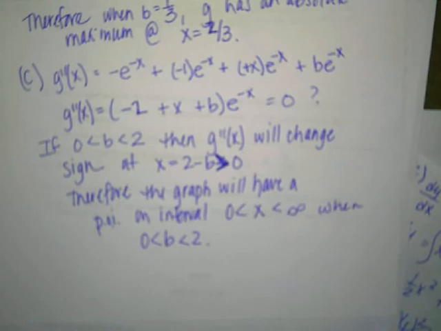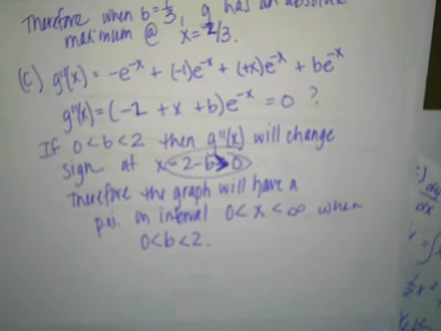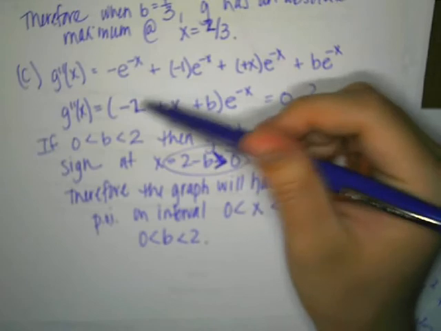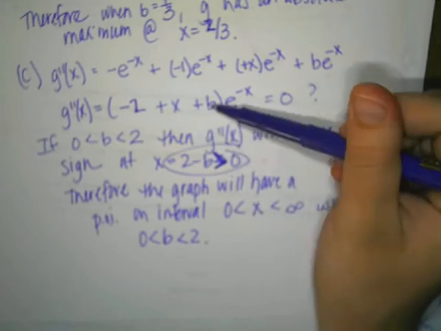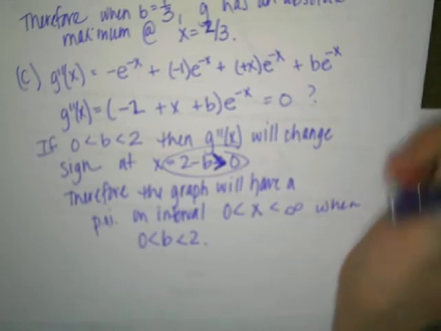I keep saying base, sorry. I mean b is between 0 and 2. I know this part is confusing here. I'm trying to think if there's a better way to write that. But it's probably the best way to write it. As long as you can take that 2 and subtract b and still be bigger than 0, then you're going to have a sign change.